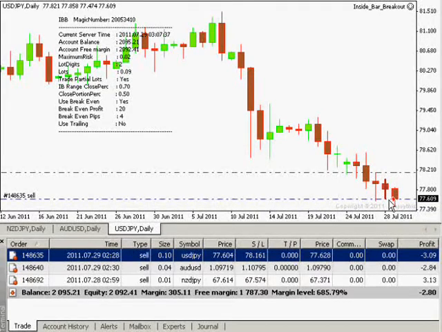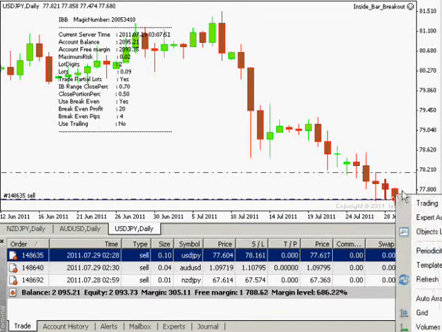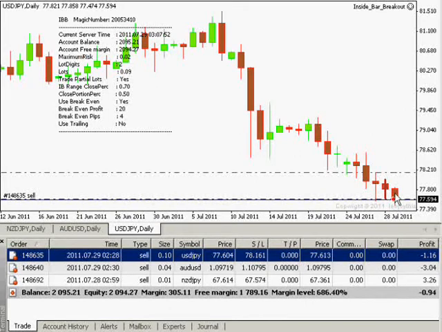The inside bar breakout model activated this. They broke lower. Previous session's low was 77.61. We traded down to 77.47 there. We were able to get short here on the dollar yen, 10,000, 10 lots, at a price of 77.60 there. Fractional pip 4.